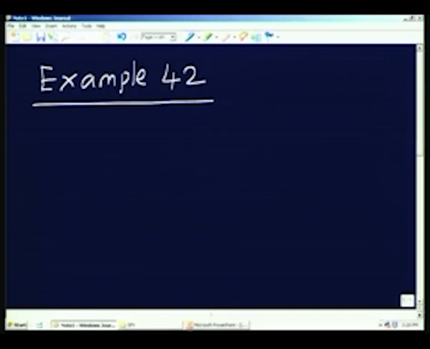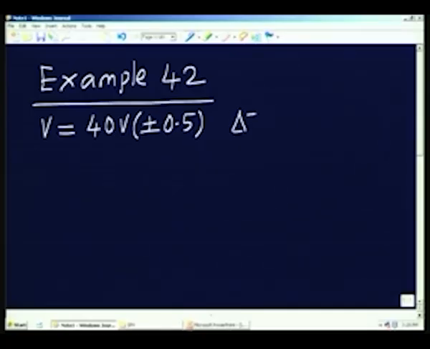So, let me just write down first of all the data which is given. We are given the voltage supplied to the heater is 40 volts plus or minus 0.5. This will be the error bar. I am combining it here. We are also given that delta T is nothing but the plug temperature minus the jacket temperature, and these two are given 32.9 minus 28.2.